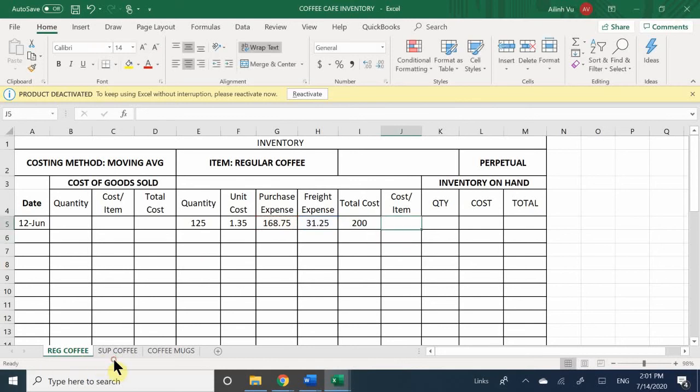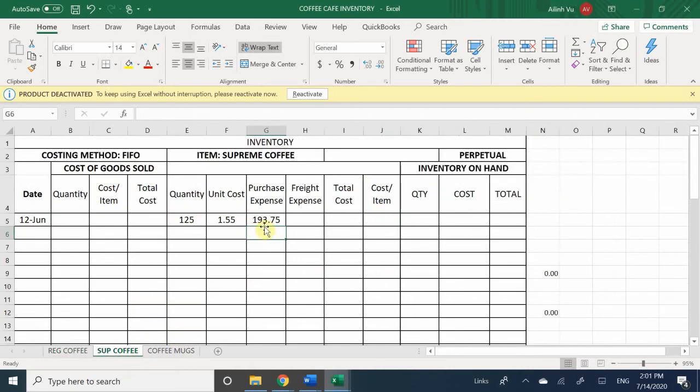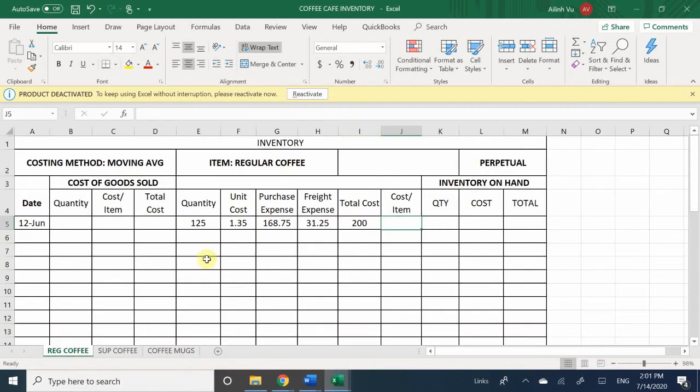So Andrea just solved for this one for the Supreme Coffee. So 193.75 plus 31.25 is in fact 225. Now let's go back to regular coffee because we're not finished yet. What do we know? How do we solve for the cost per item?